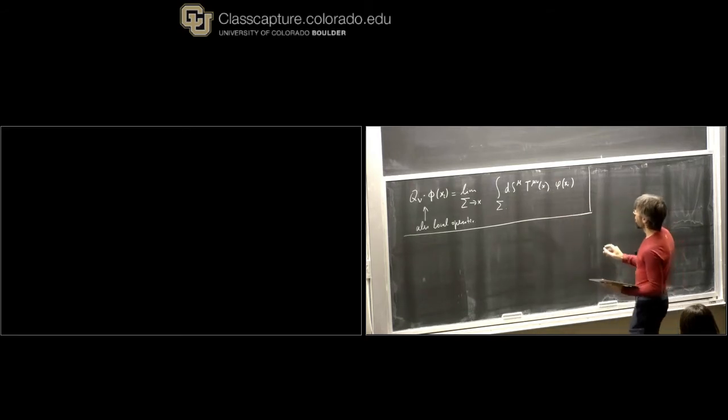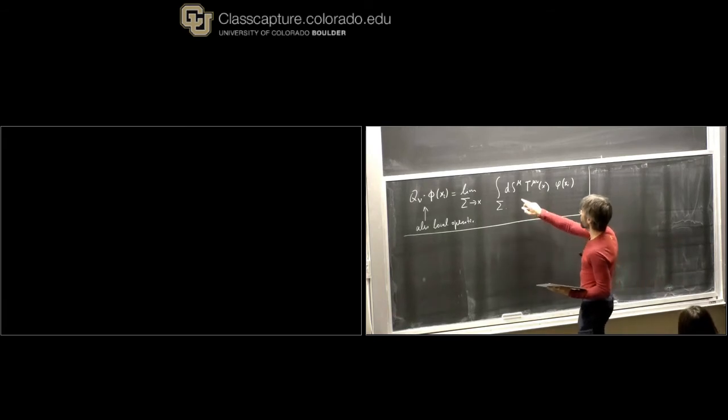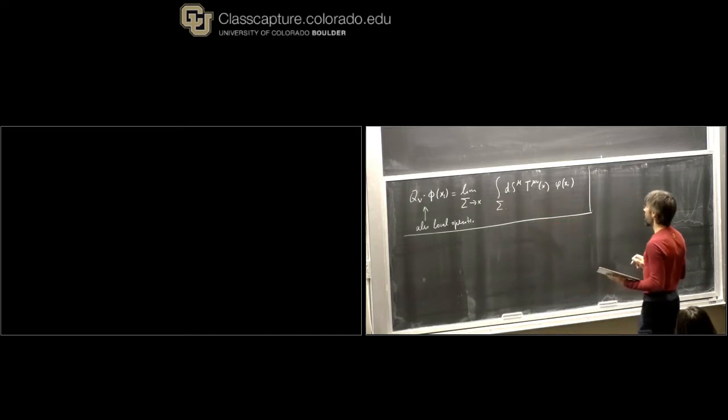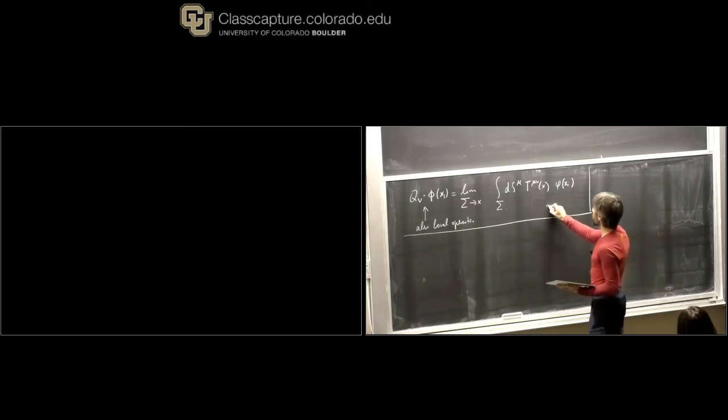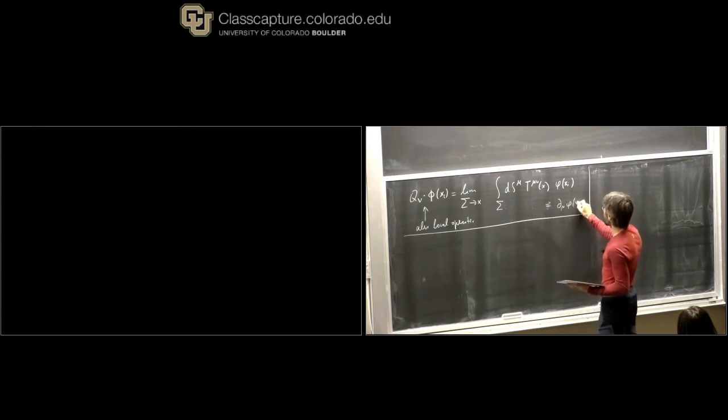So you see, how on earth are we going to have that this limit, when we take this T mu nu of x and we integrate it around a very small surface around xi, how on earth is this always going to come out equal to d mu phi of xi?